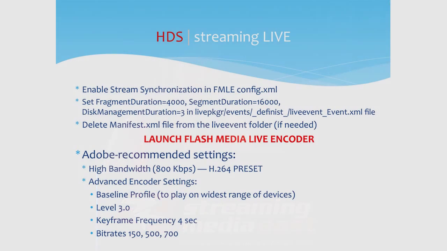They recommend starting with the 800 kilobits per second H.264 preset, baseline profile level 3, keyframe frequency of 4, and then their recommended bit rates. Because if you're broadcasting live, you've got your pipe that's going out. So if you're going to do multi-bit rate, it's going to kind of bring everything down because you have to have room for all 3 bit rates going out on that pipe. So they recommend 150, 500, and 700.